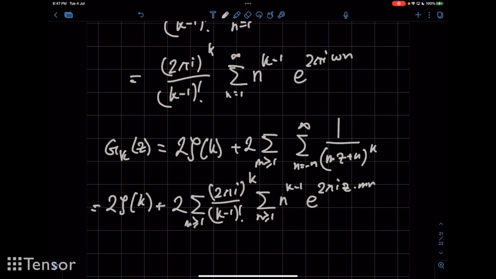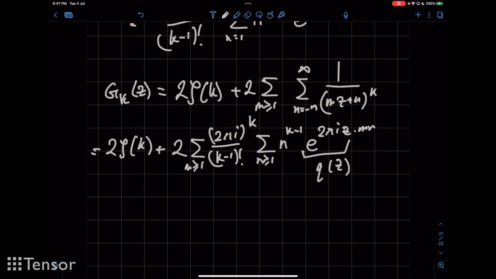Okay. Now what? Now this is the q of z, right? So everything is as before, 2 zeta of k plus 2 times (2 pi i) to the k over (k minus 1) factorial, I think I can bring the 2 pi i to the k in front because that's just a constant.